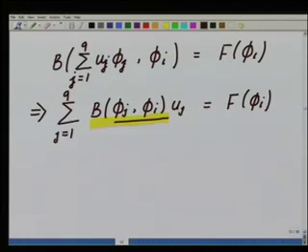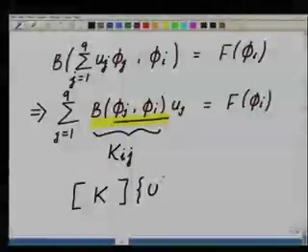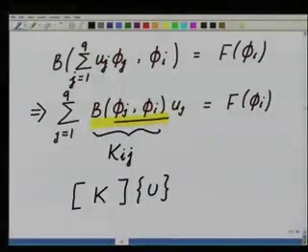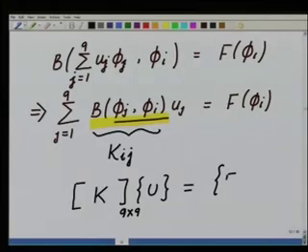If you want to go back to what we had done earlier, this term will be equal to k for the ith equation, jth column. So, this is Kij. Now, if this is Kij, then we can write the whole problem in the form of the global stiffness matrix K into the unknown displacement vector U, where K is 9 by 9, U is a vector of size 9, and this is equal to the vector F.